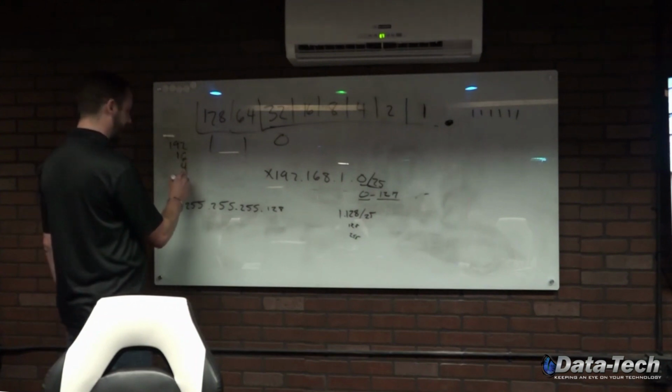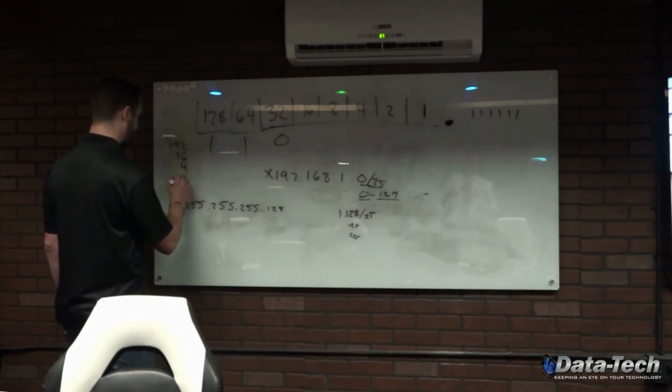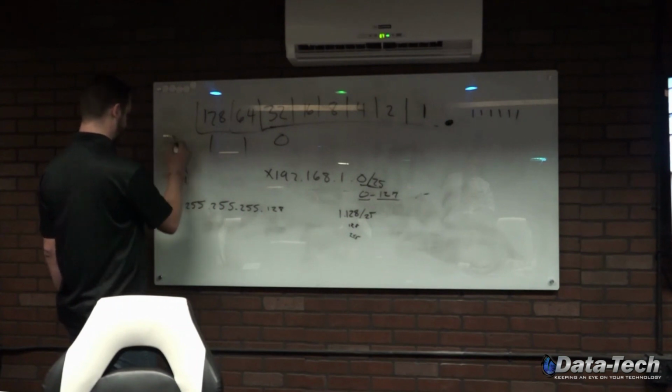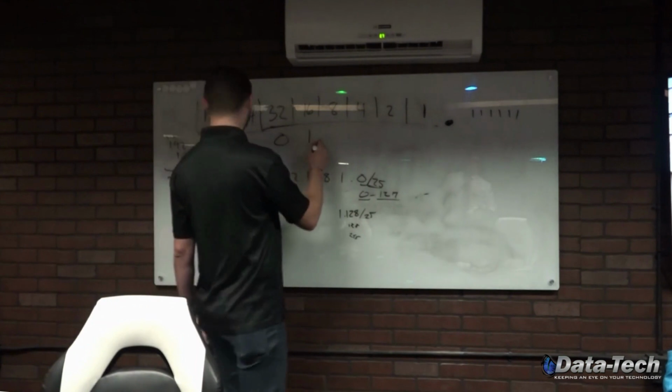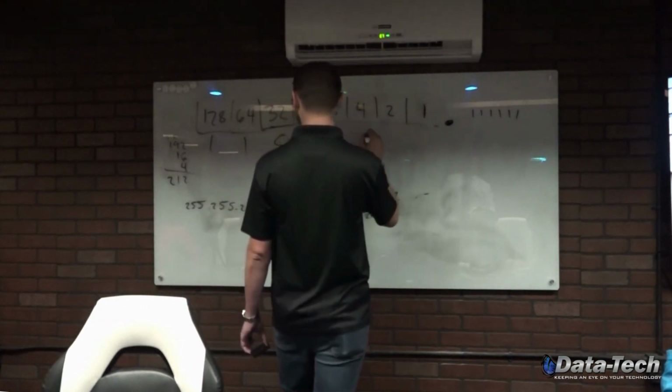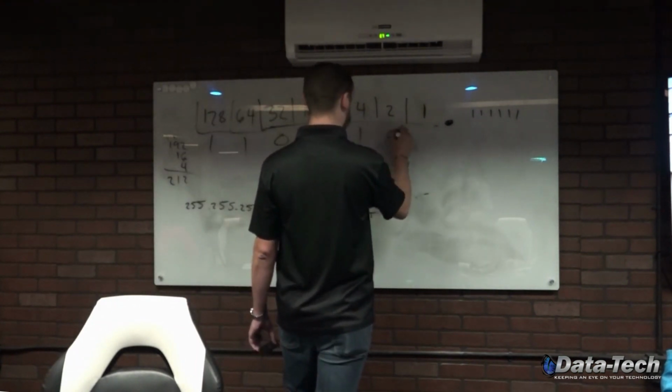That gives you 212. I had to pull the calculator out for that. So it'd be 1, 1, 0, 1, 0, 1, 0, 0.